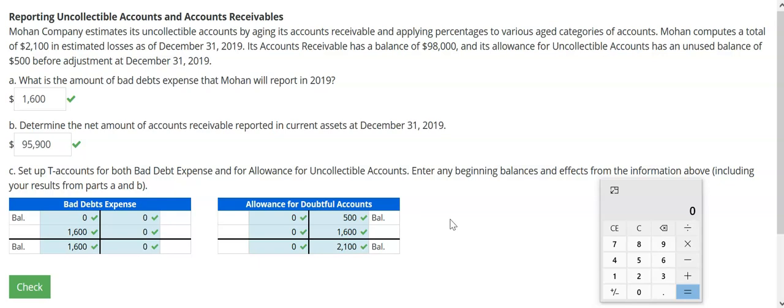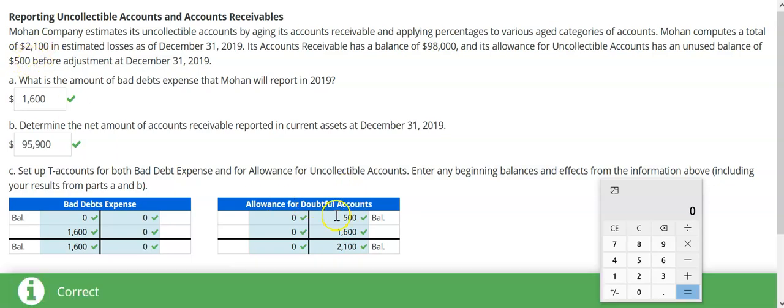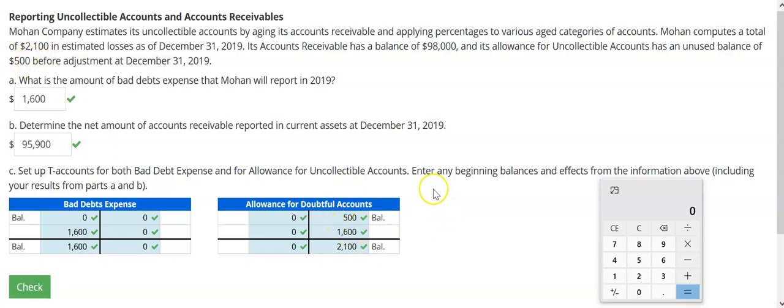With the aging method or percentage of sales method, either one, we don't write off individual accounts. We're using the difference between our estimate and our balance, and then we adjust accordingly. All right, so that's it for this video.